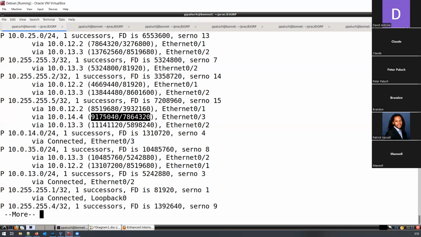Any other questions? I have one. How does EIGRP behave with IP version 6? Exactly the same way, because the only thing that has changed is the transport. We use IPv6 instead of IPv4. But since EIGRP has its own transport protocol, which Claude spoke about in the last session, what we call the reliable transport protocol, RTP, that one stays the same.